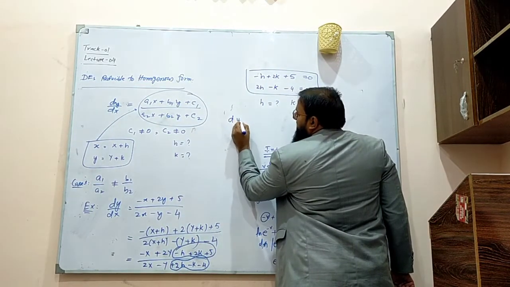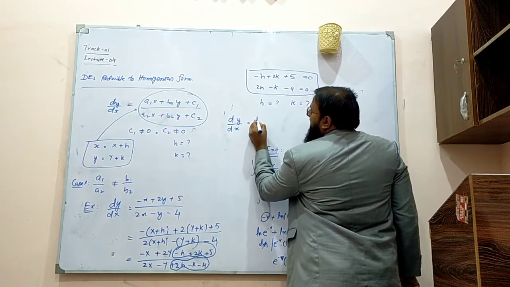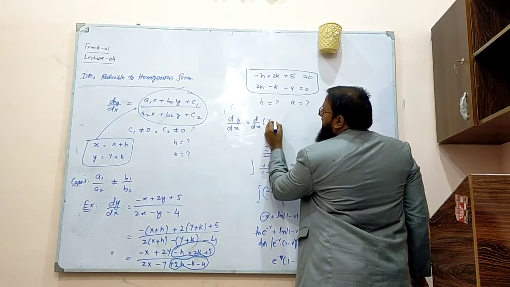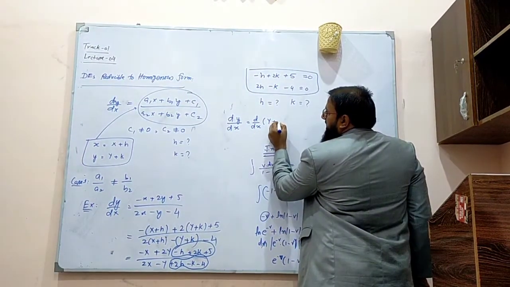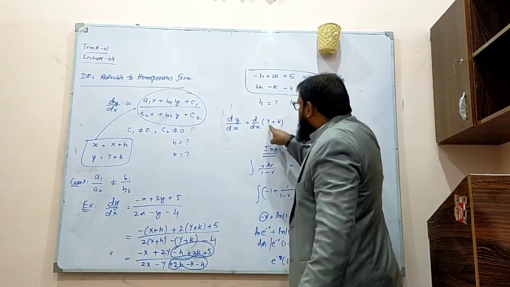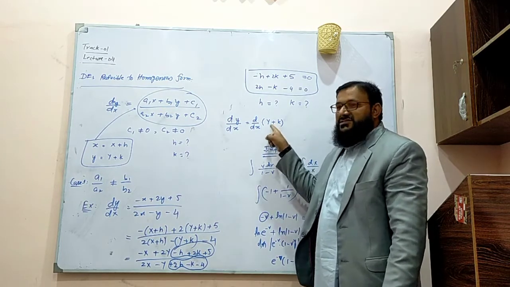The derivative of small y with respect to small x: small y is equal to capital Y plus k. Now I can differentiate this, capital Y gives dY by dx, and the derivative of a constant is 0.